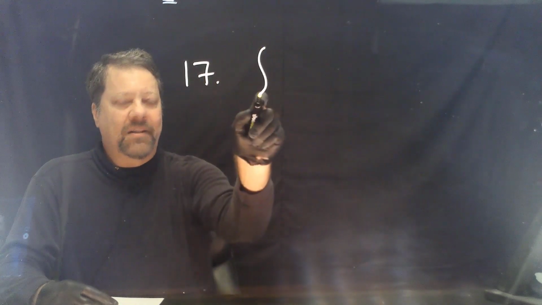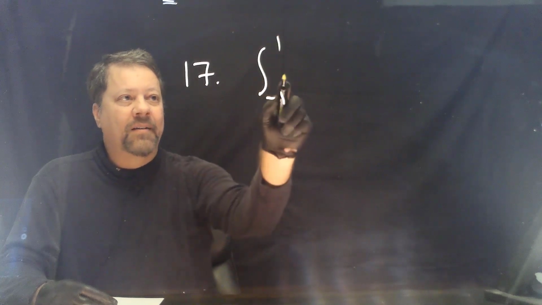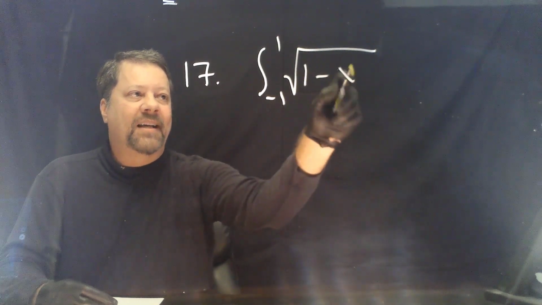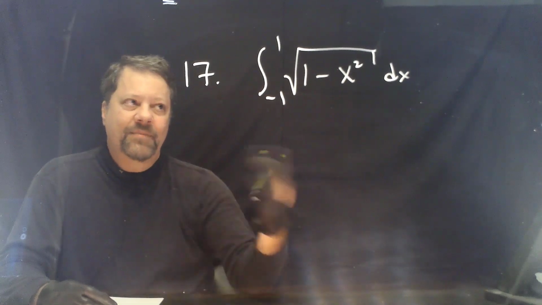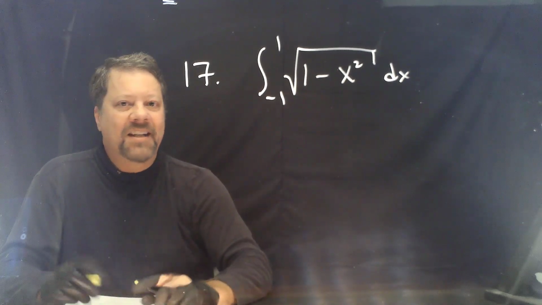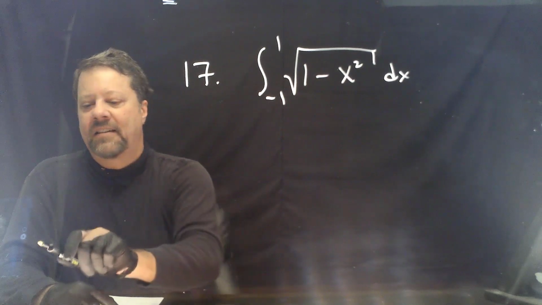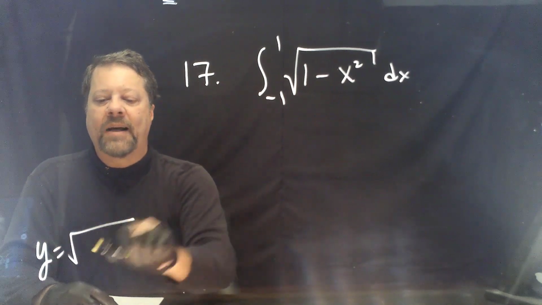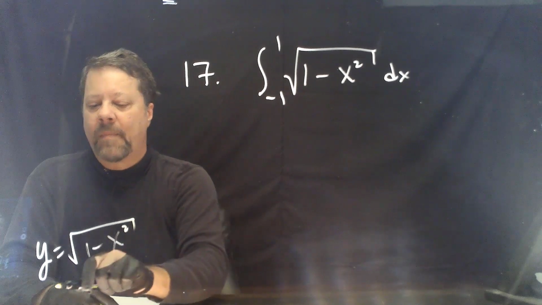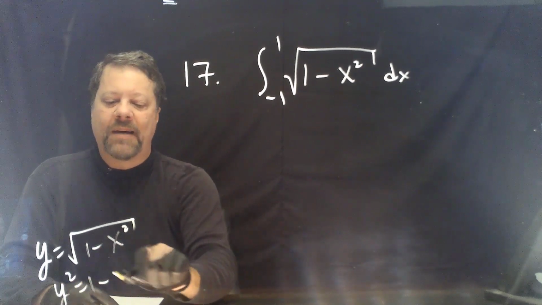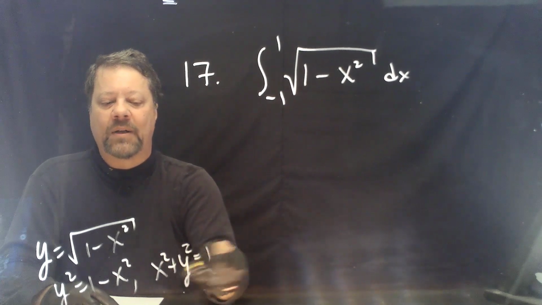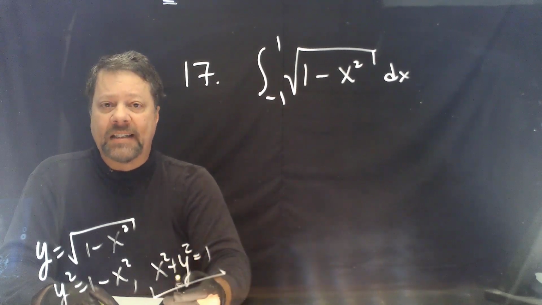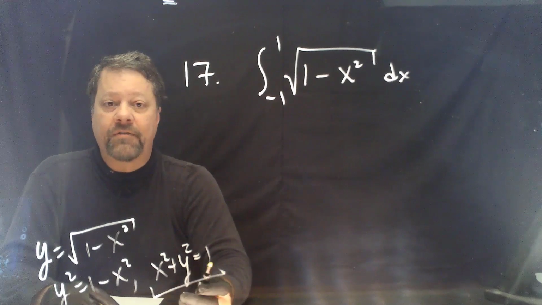On 17, I ask you to integrate from -1 to 1 the square root of 1 minus x squared dx. You might be thinking trig sub, but it's far easier than that. The curve y equals the square root of 1 minus x squared satisfies y squared equals 1 minus x squared, and hence x squared plus y squared equals 1, which you will recognize as the equation for a circle of radius 1.